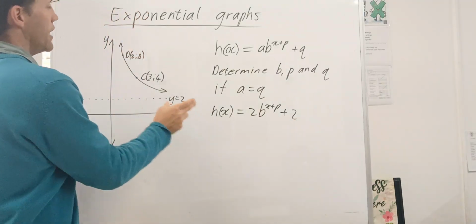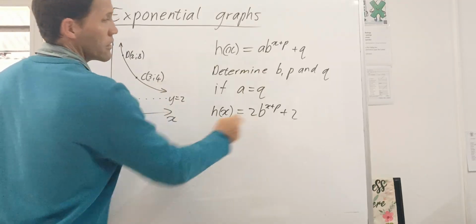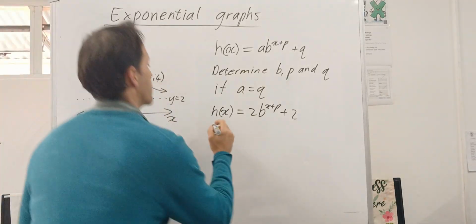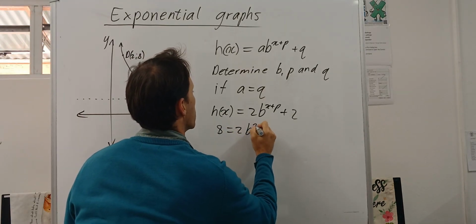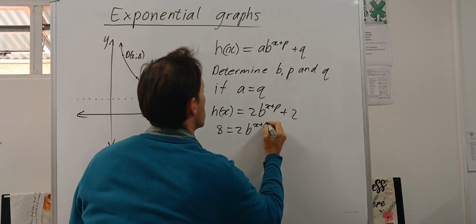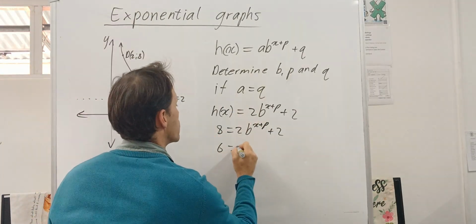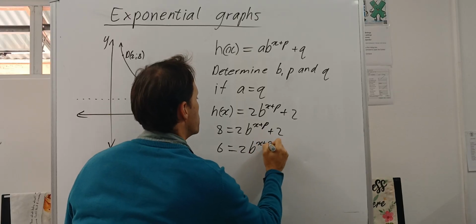So now we can say let's put (2, 8) or (3, 4) into the equation. Okay, any one of those two. Okay, so let's start with (2, 8). 8 equal to 2b to the power x plus p plus 2. Take the 2 over, so 6 is equal to 2b to the power 2 plus p.